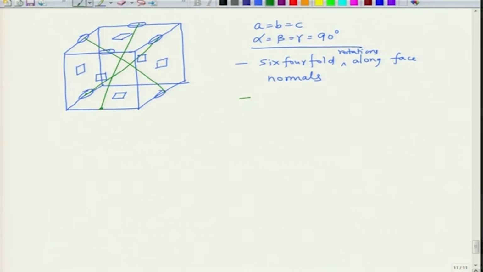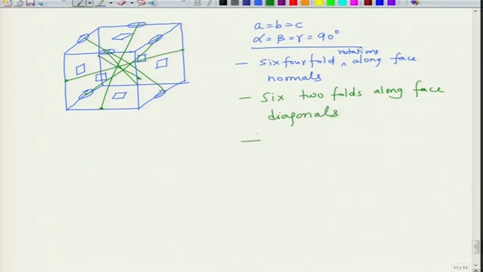One of this, one of that, then one will connect here. So 1, 2, 3, 4, and then one of these, and then one of these as well. So you will have 6 2-folds along face diagonals.